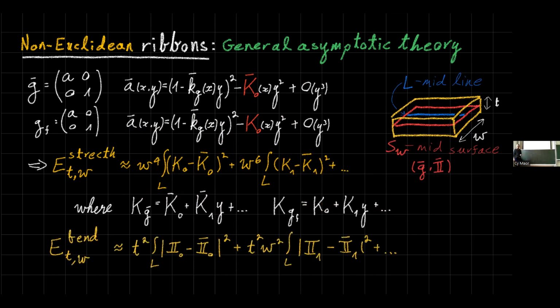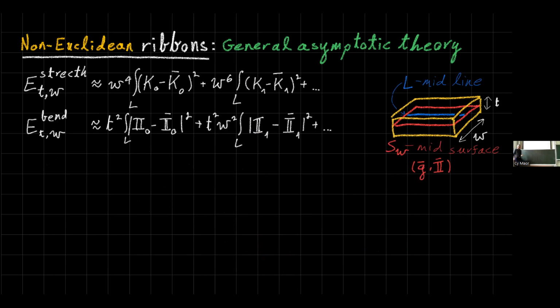Okay, and you can do the same for the bending term. This is the bending term. This is the second fundamental forms along the midline. These are the derivatives of the second fundamental forms along the midline, and the derivatives, I mean, in the width direction. And each time you take a derivative, you get the W squared term. This is just formal asymptotics.